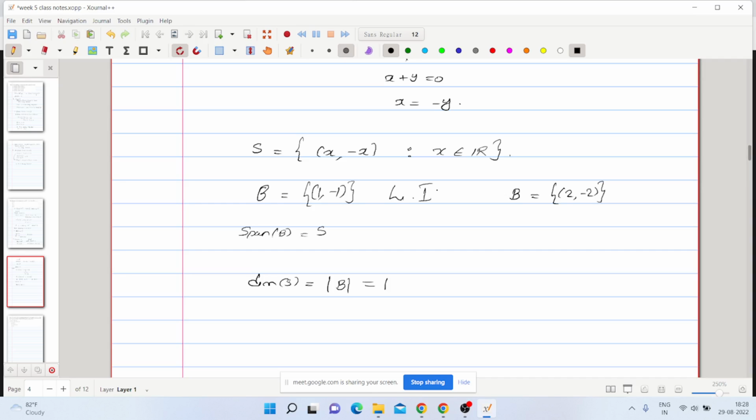That means if I have any element in S, suppose I have an element a, minus a in S, what I want is to write this a, minus a as a linear combination of elements of B, then only I can say B is a basis. So I write this a, minus a as a into 1, minus 1, that is a linear combination of 1, minus 1.